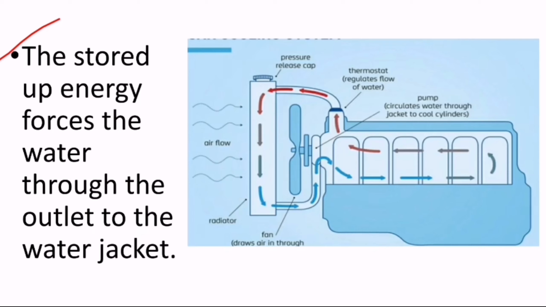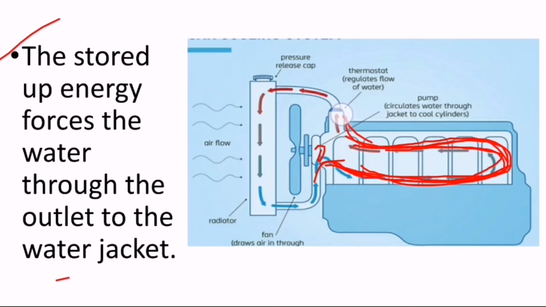The stored up energy forces the water through the outlet to the water jacket. What happens from this pump? The discharge valve sends the water to the jacket of the engine cylinders. The liquid passes through these engine cylinders and goes to the radiator again.